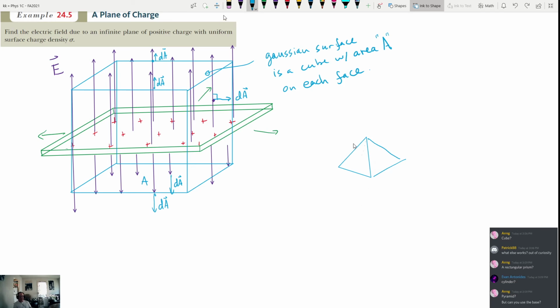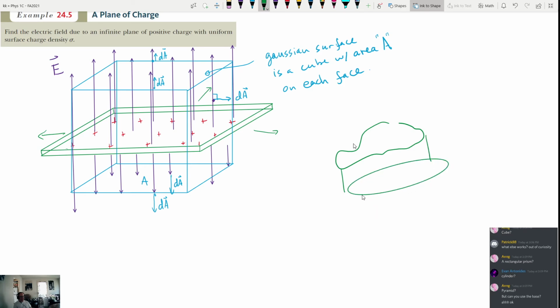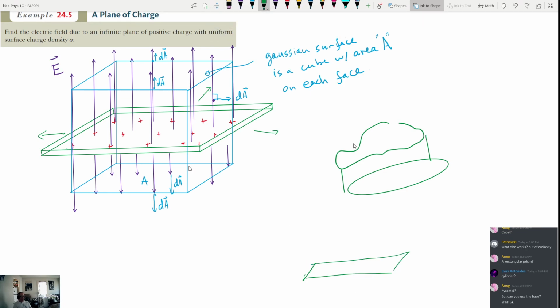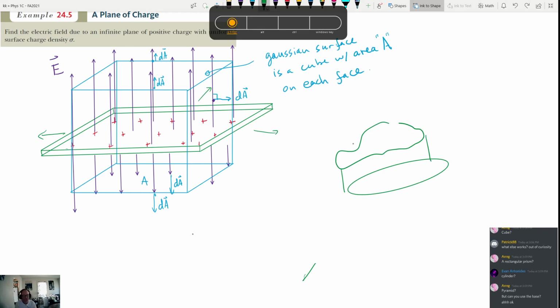What has to happen is the top surface, however you shape your object, has to be flat, and your bottom surface too. That's the key thing. So it could be like a trapezoid too, right? Like the bottom surface could be like this. Actually, a trapezoid won't work. You need the sides to be parallel as well.